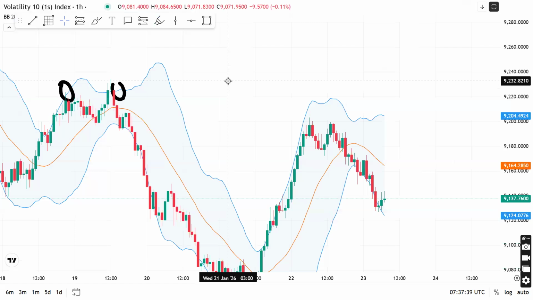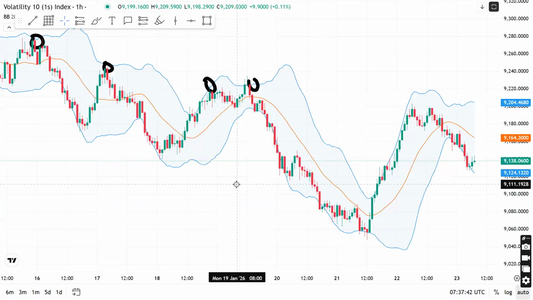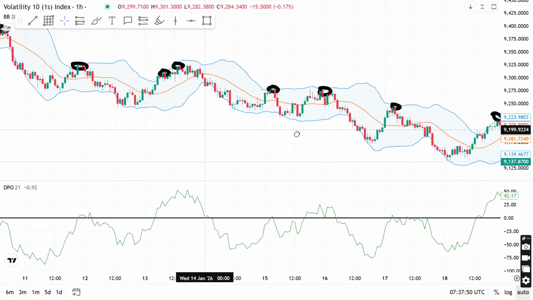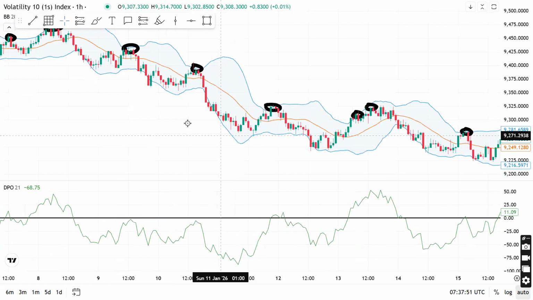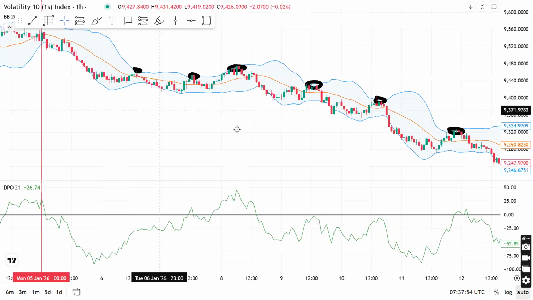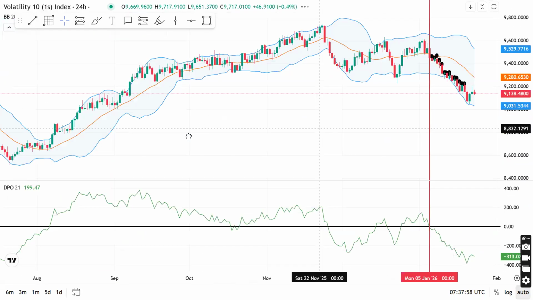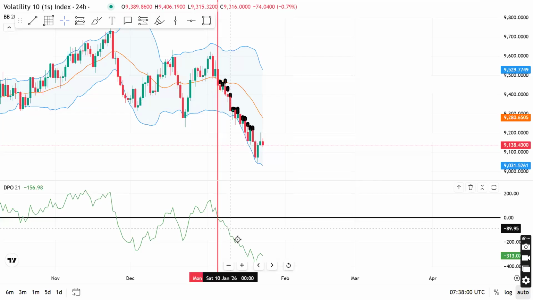All right. Now, as much as I marked this, it must also align with this. So, what do I mean? If you have a bias on 24 hours, watch. Remember, our bias was because everything is below the zero line.